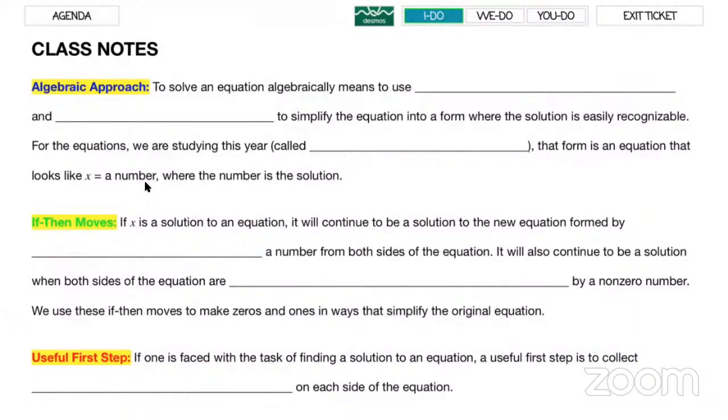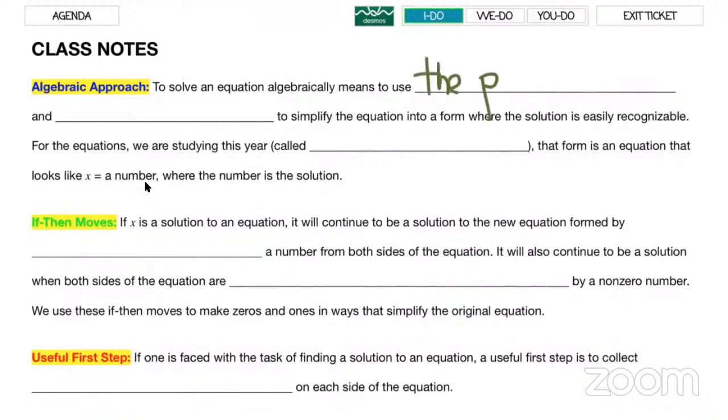Okay. So algebraic thinking, meaning to solve any equation algebraically, means to use the properties of operations. Everybody knows the properties, right?